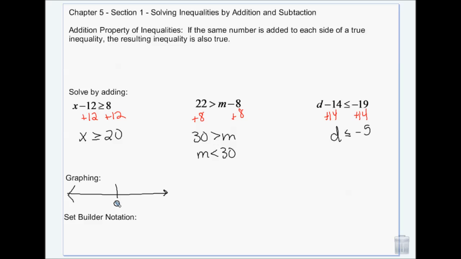Just put a line on the correct side of the 0 and label it as 20. 20 is positive, so it goes on the positive side. You might have to write a little bit bigger.